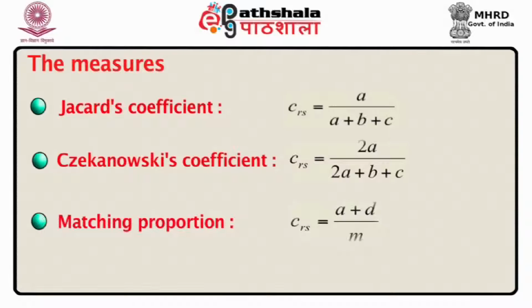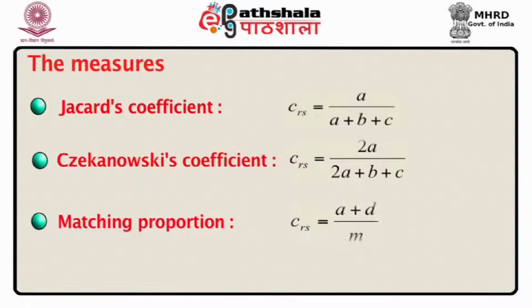If you go back to the previous table, you will see that D actually corresponds to the absence of the characteristic in R and the absence of the characteristic in S as well. So when we look at Jaccard's coefficient, we exclude D because it's not present. So the measure actually is A.